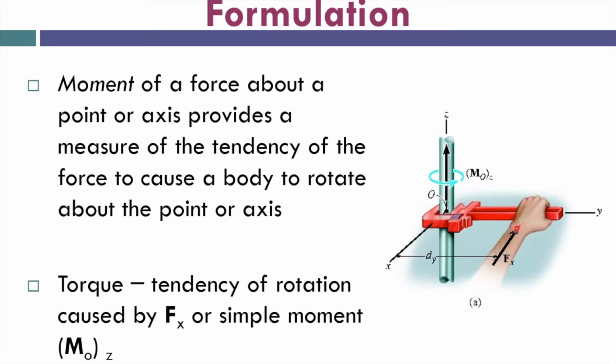That means the force that we apply will tend to rotate following the axis or the point. Okay, this is called moment. And then torque is a tendency of rotation caused by force F or simple moment, called MOZ. Okay, this is the definition for the torque.